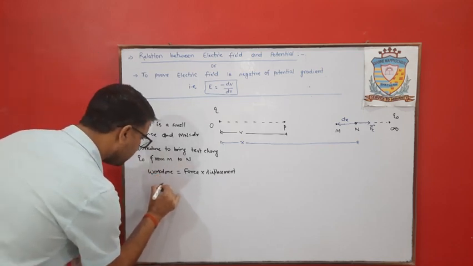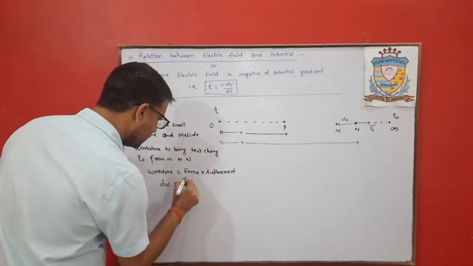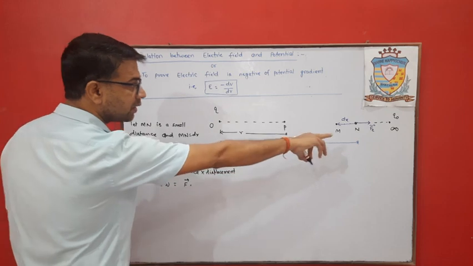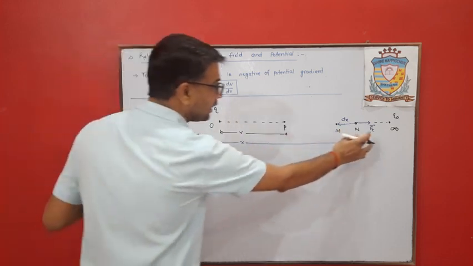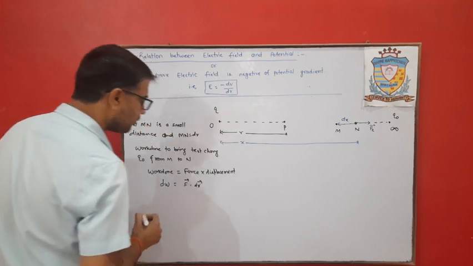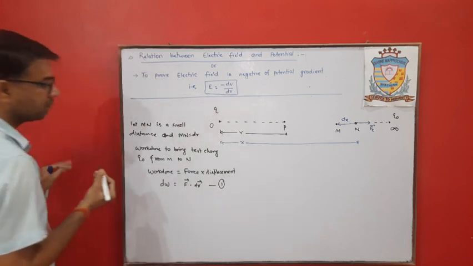So if we consider the small work done, dW is equal to the external force, that is Fe, the electrostatic force, into displacement, that is dr. This is our equation number 1.